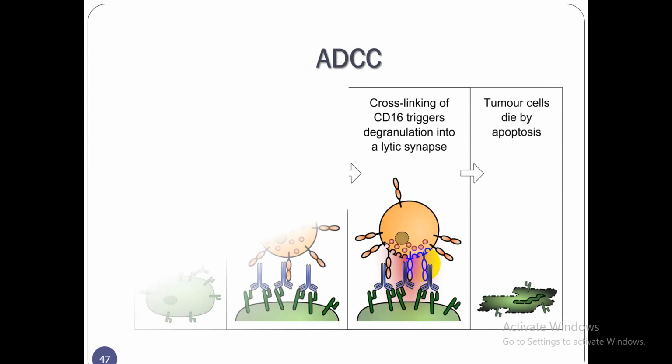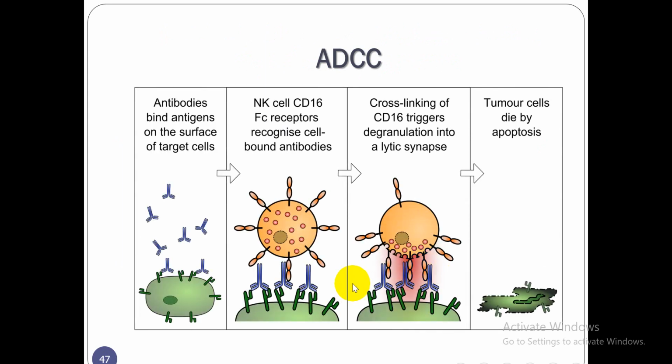As you see here, we have a target cell, and this target cell is covered by antibody such as IgG1 or IgG3. You see the Fab region attached to the surface of the target cell, but the Fc region can attach to CD16. These parts are CD16.